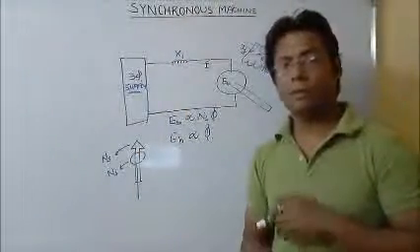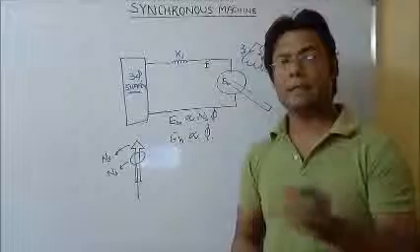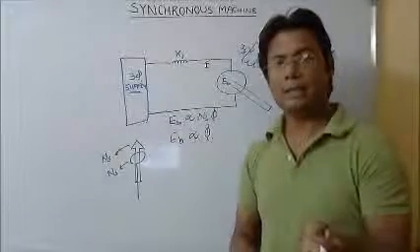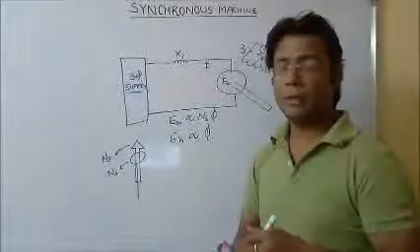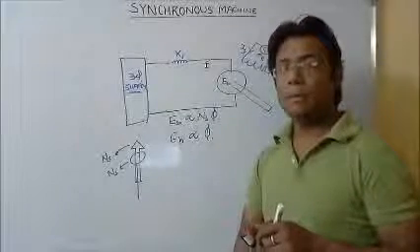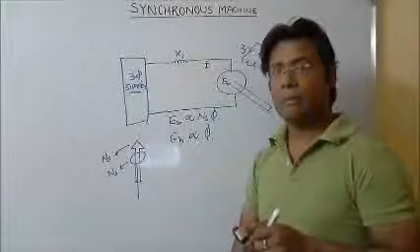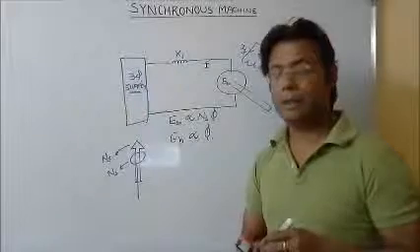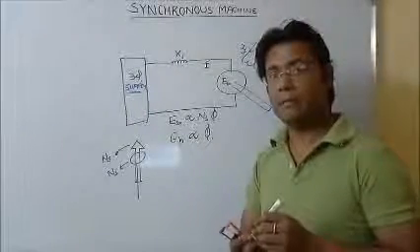So since the flux is moving with NS, the rotor is also moving with NS. So the rotor EMF which is getting produced will also be in phase with the stator MMF. So the current will also be in phase with that.